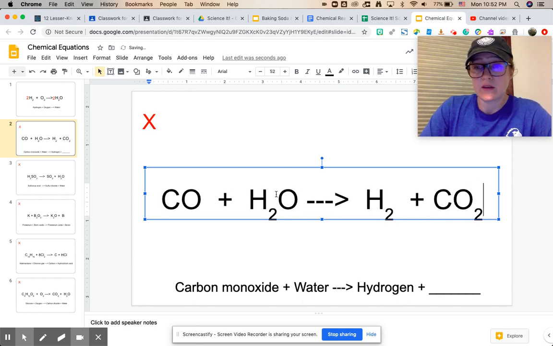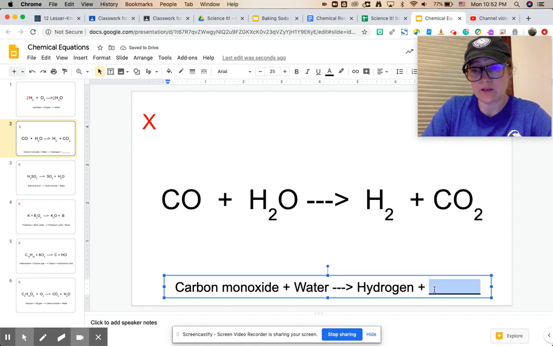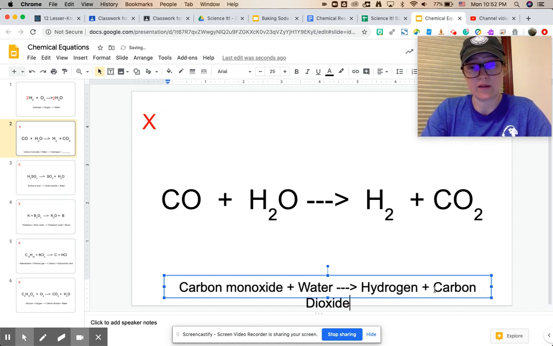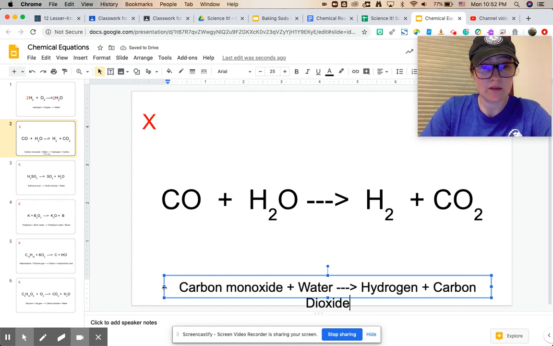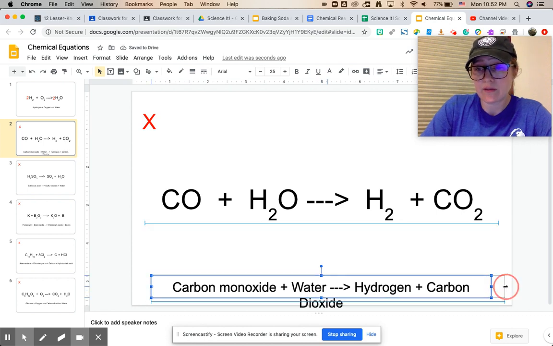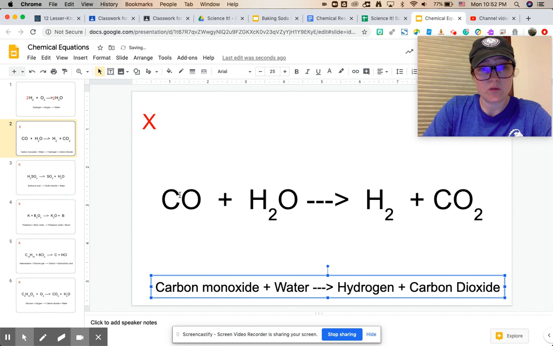Okay, so carbon monoxide plus water gives you hydrogen and carbon dioxide. Good job, Miss Sense. You spelled it right. That's a win in my book. All right, so let's see if this is balanced. Let's check it. We have 1 carbon on this side, 1 carbon on this side.